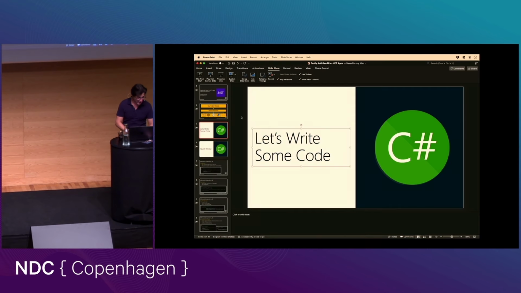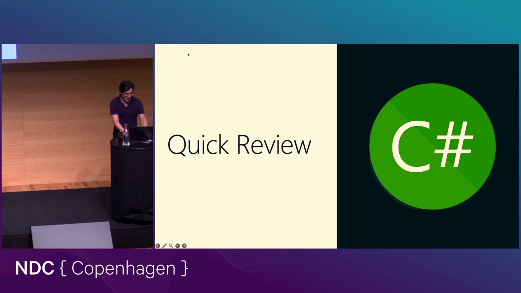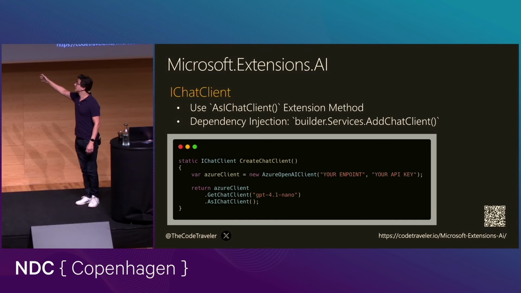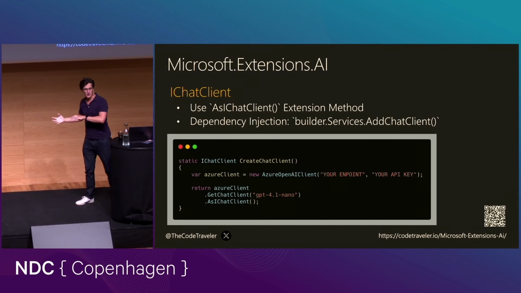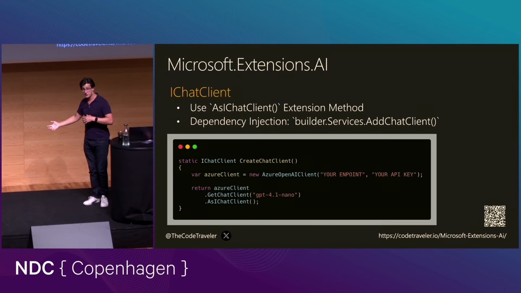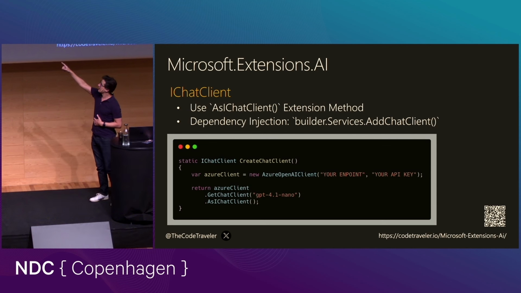Now, I know I've been throwing a lot of code at you guys, so let's do a quick review before we get into the next topic. The first one, IChatClient. This is how we escape from the service-specific implementation. So if you're using Amazon Bedrock, if you're using Azure OpenAI, if you're using Ollama, they will have an AsChatClient extension method that you'll call.